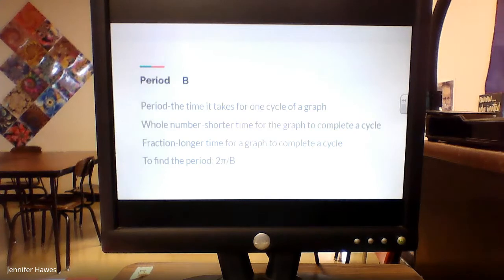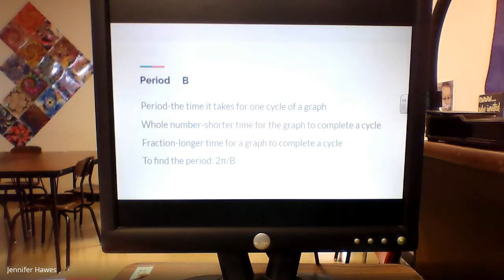Period. How long it takes for one cycle of that graph before it starts to repeat. If you have a whole number in there, it's going to shorten up your graph. Within 2 pi, you may see 2 or 3 graphs in that amount of time. If it's a fraction, it stretches it out. If it was maybe 1/2, by the time you hit 2 pi, you should see half of a graph.